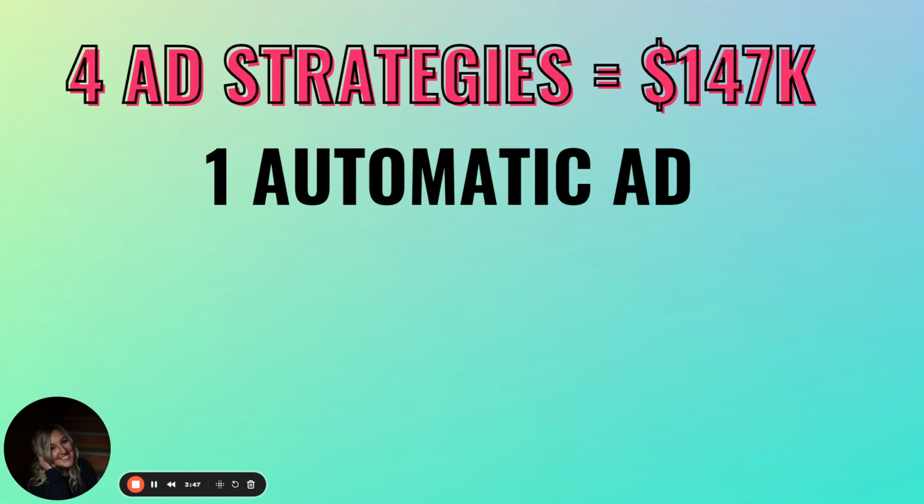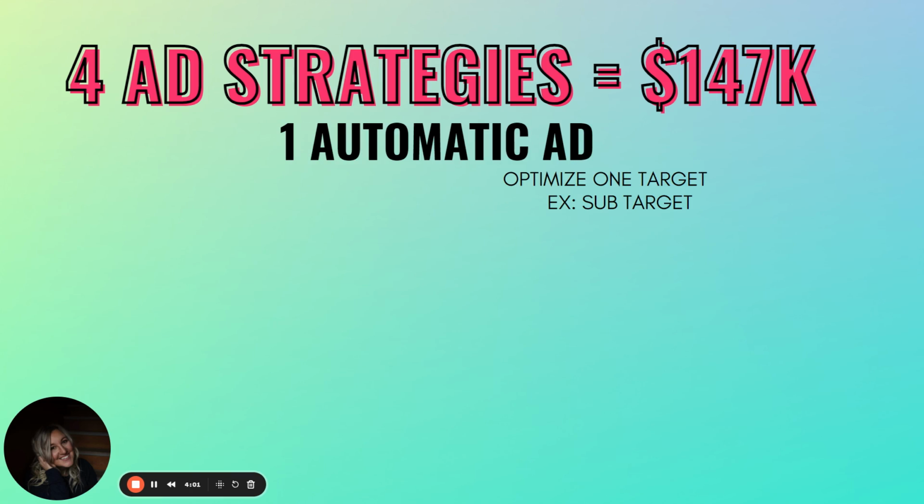So think about, you have one automatic ad and the targets, let's say, well, for my example, substitute was doing the best, okay? So what I did with that first automatic ad is I went to the ad set level and I turned off all the targets except sub. Okay. So now I am narrow targeting because I am doing one automatic ad and the target is sub. So now it's one target, one automatic ad, one book.